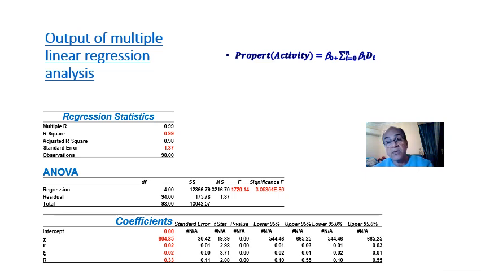If the p-value is more than 0.05, then the result is not significant. If the p-value is less than 0.05, then the result is significant.